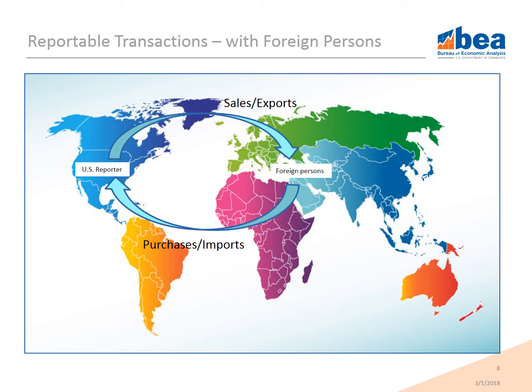Respondents are required to report services transactions, sales and purchases, between their consolidated domestic U.S. operations and all foreign persons, regardless of affiliation, including intercompany transactions that may be eliminated in consolidation.